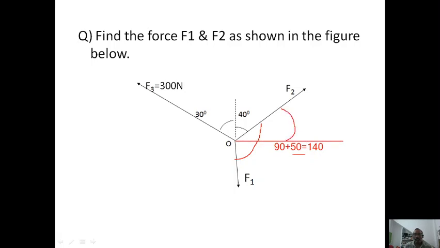So the total angle for the F3 force is 140.